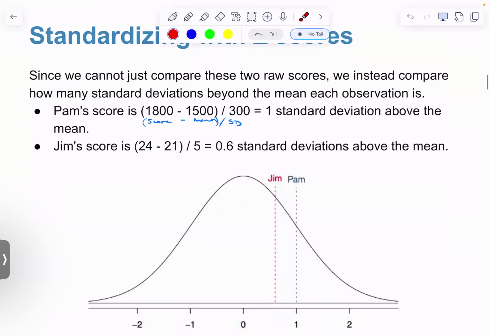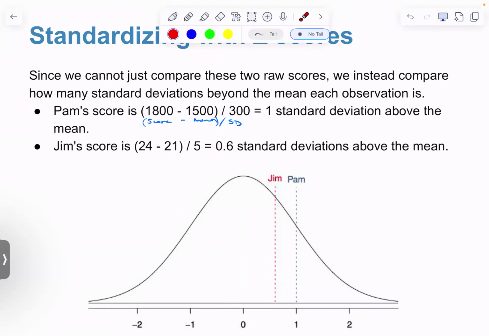Now Jim scored 24 on a test with a mean of 21 and a standard deviation of 5. So 24 is 3 above 21, and then divided by 5, I get 0.6. So 0.6 standard deviations above the mean.